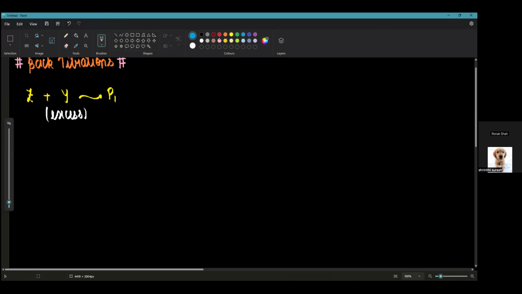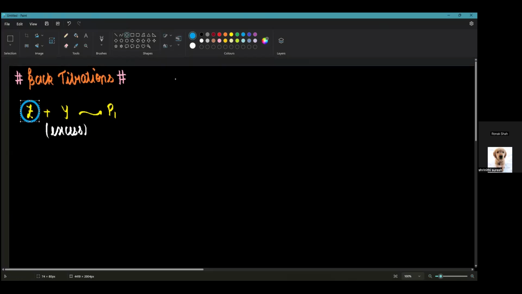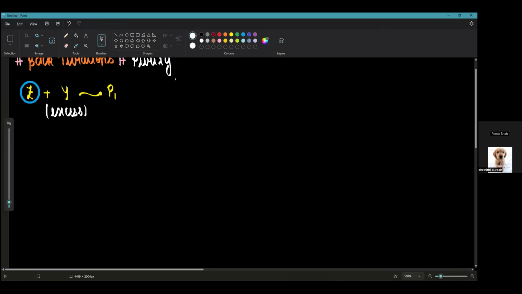Now this Z which is taken is a sample. Sample means it will have some impurity. The main job of back titration is to find purity in a sample. So when Y is taken in excess along with Z, you will get some product.